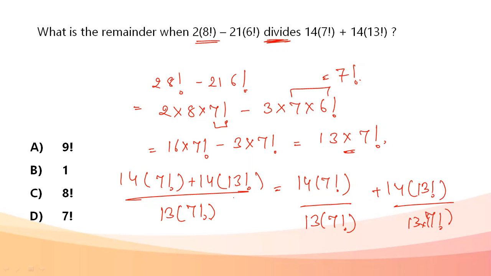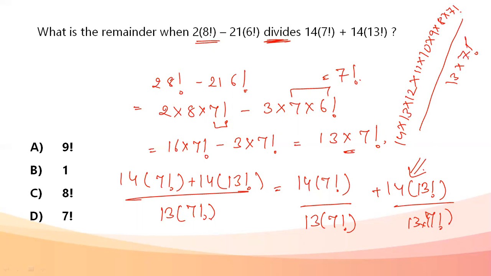So what we are going to do is, first, if I look at this term 14 into 13 factorial divided by 13 into 7 factorial, this can be split as 14 into 13 into 12 into 11 into 10 into 9 into 8 into 7 factorial. Okay, nice. Now divided by 13 into 7 factorial. Here, my remainder is going to be 0. So this term is going to yield a remainder as 0.